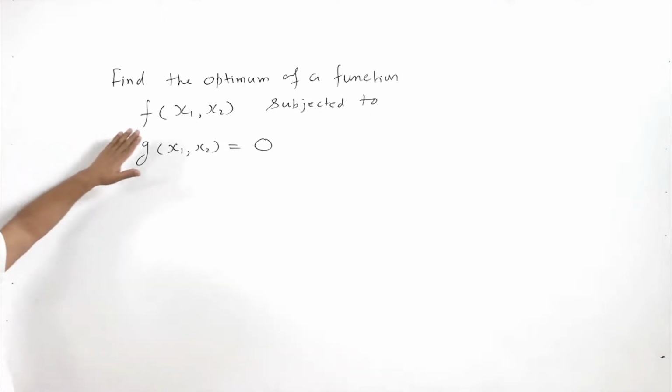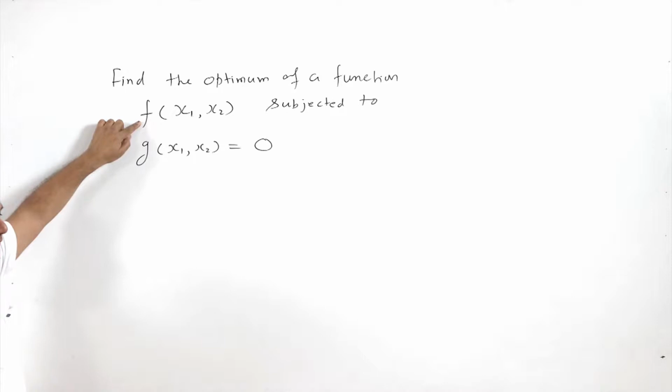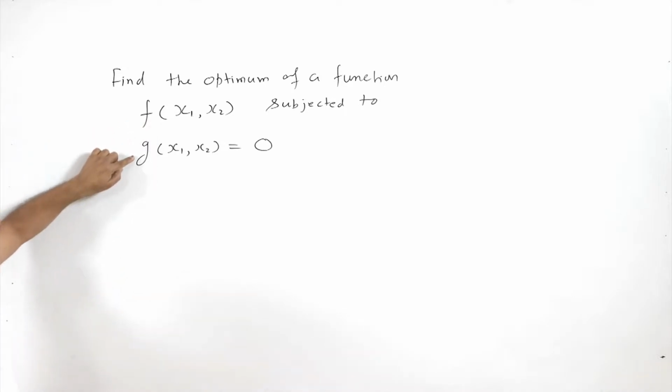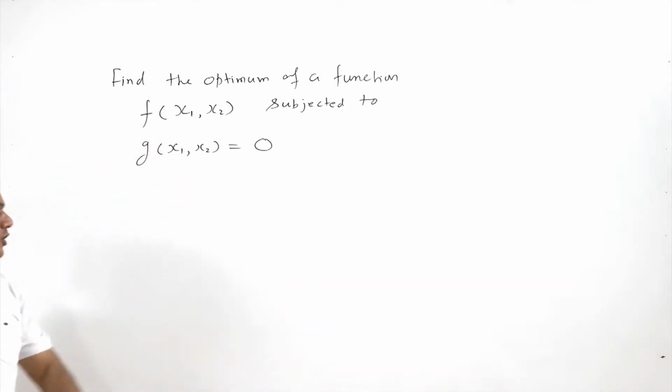So, my problem here is to find out the optimum value of f which is subjected to the condition g of x1 x2 equal to 0.